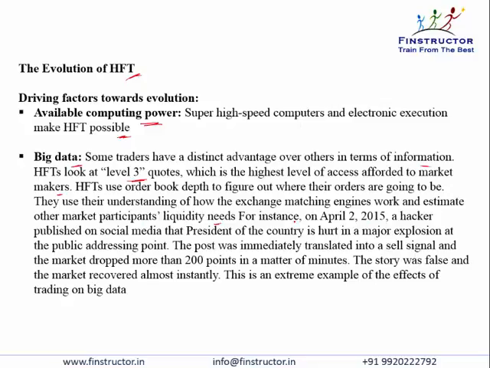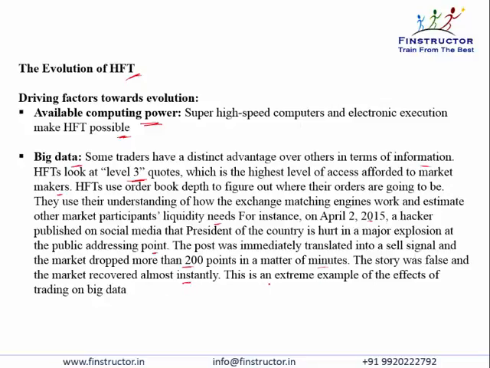For instance, on April 2, 2015, a hacker published on social media that the president of the country was hurt in a major explosion at a public meeting. So this post was immediately translated into a sell signal and the market dropped more than 200 points in a matter of minutes. The story was false and the market recovered also instantly.